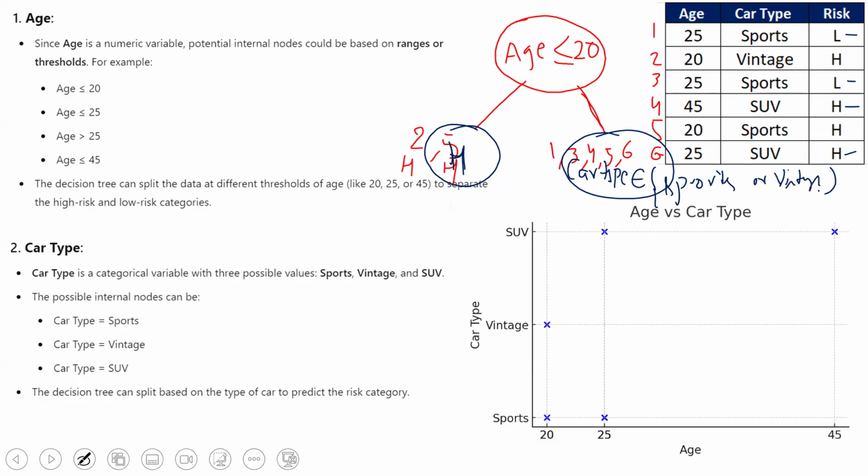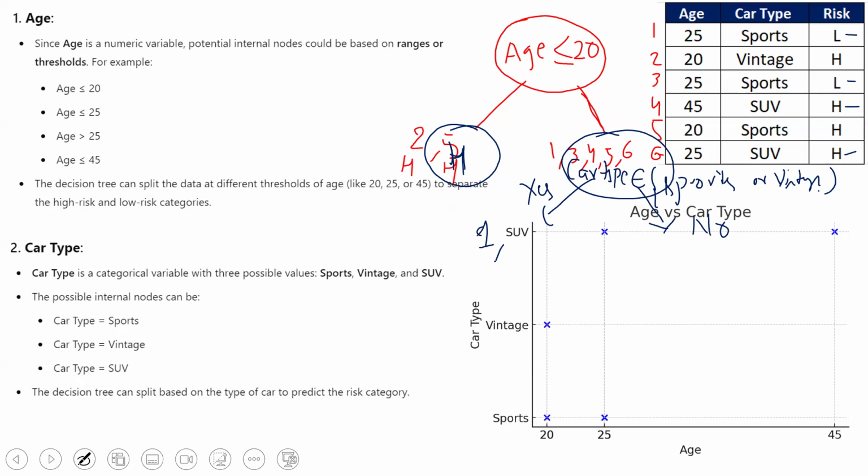This is my next node. If the car type belongs to sports or vintage, it is true, otherwise false. What all points come here? We have customer 1 with a sports car, so that is true. Customer 1 falls here.